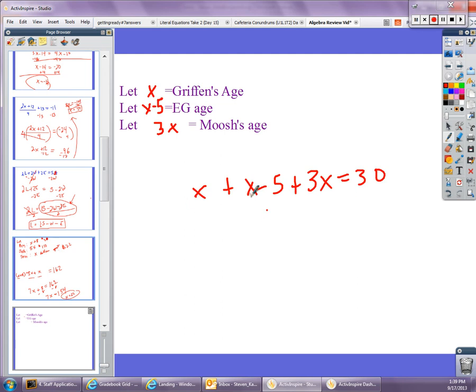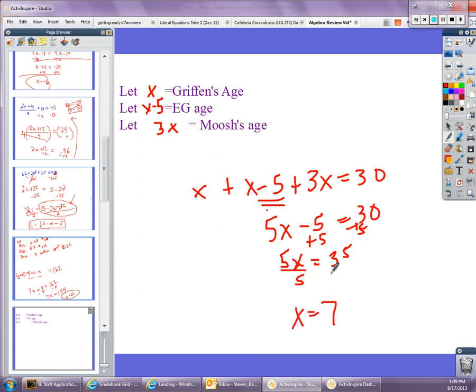Combine like terms, 1x plus 3x is 5x minus 5 equals 30. 5x, I add 5 to both sides, and I get 35. Then I divide both sides by 5, and I get x equals 7. So 7 is Griffin's age. That makes Eazy 2, 7 minus 5, and then Moosh is 21.